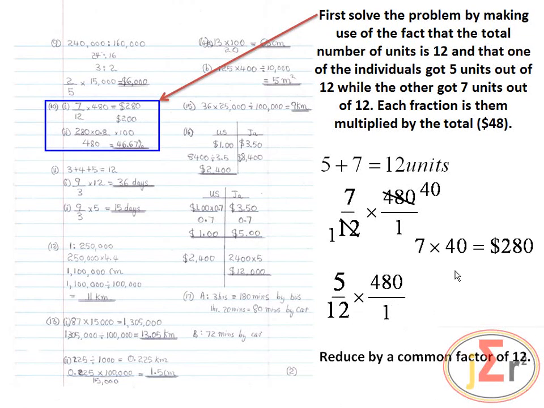And we say 7 4s 28, and do not forget this trailing 0, so $280. And the other one we reduce again by a common factor of 12, and the same thing will happen there. And 12 into this is 1 as usual, and we say 5 times 40 this time, and that will be $200.